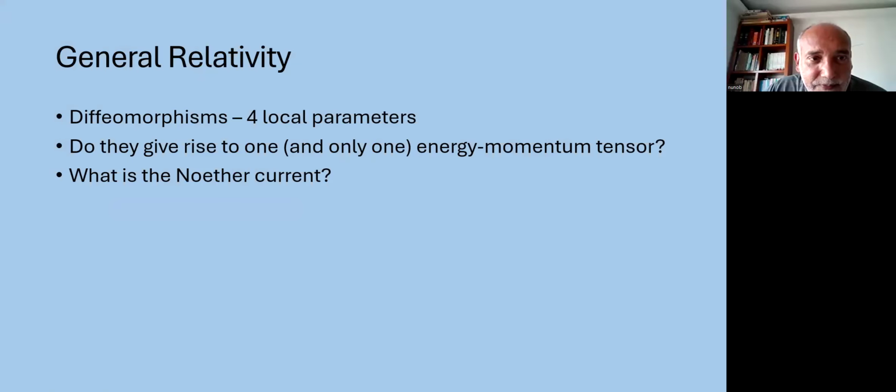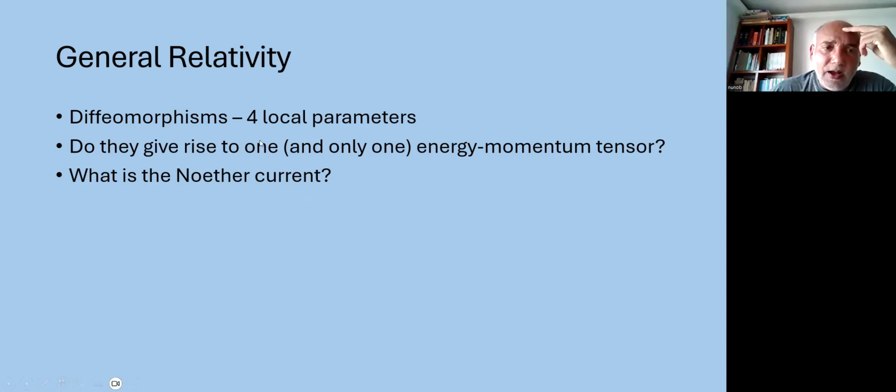And then now I come to this question, general relativity. So in general relativity, we have diffeomorphisms. If you make infinitesimal diffeomorphisms, you have 4 parameters, which are local. So it resembles the gauge transformation, U1, when you had 1 parameter, which could be local, but you had only this parameter, it produced 1 current.